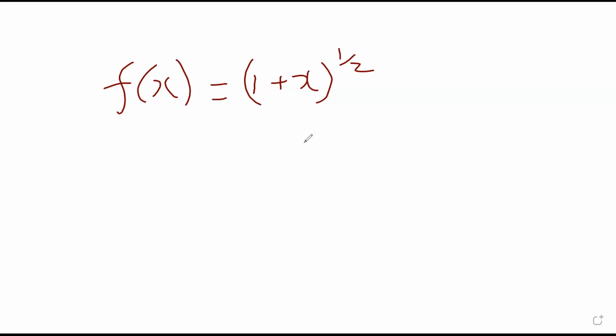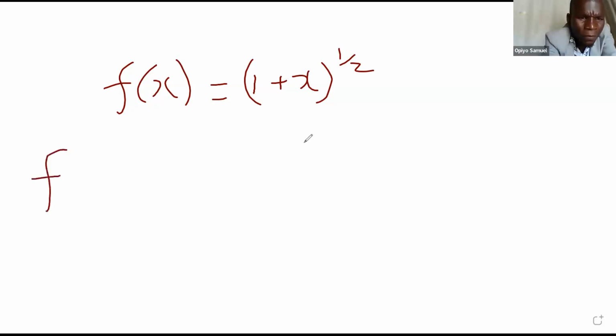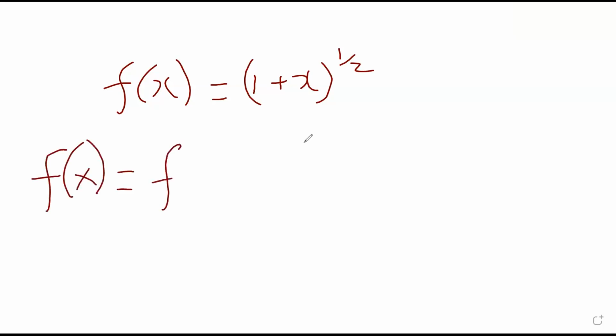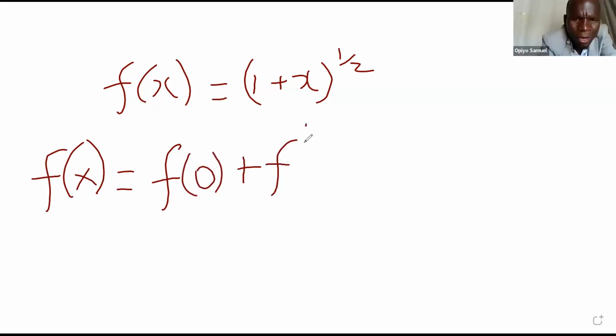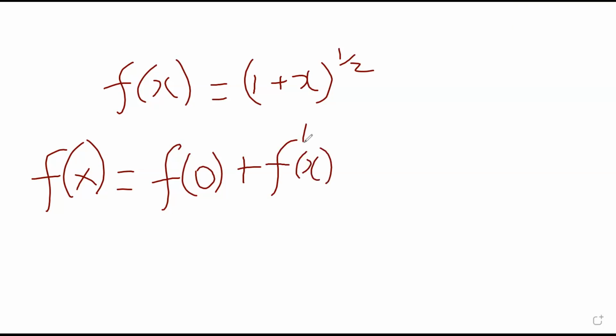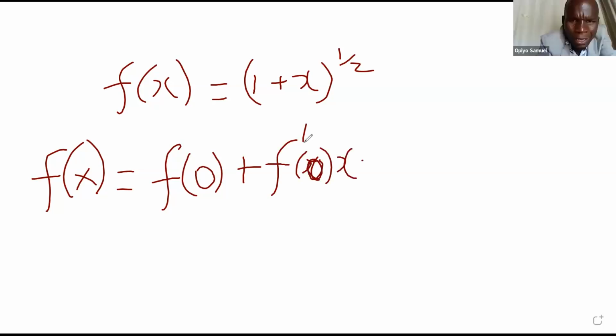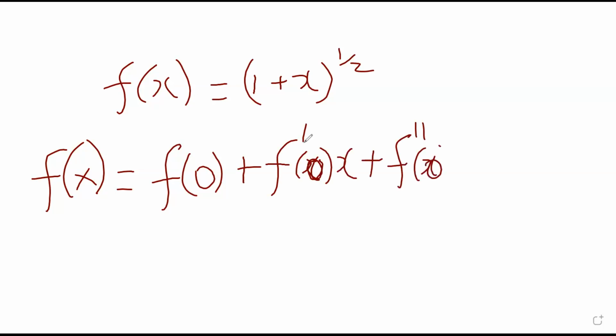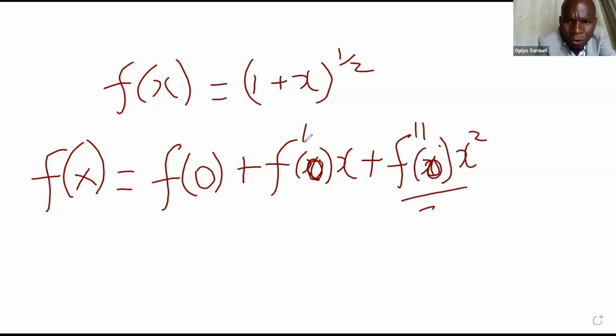Because with that one, it's simpler when you know the formula. In other words, when you have a function like this, f of x, the expansion of f of x is given by f of 0 plus the first derivative of the function at 0 times x plus the second derivative of the function at 0 times x squared over factorial 2 plus other terms.